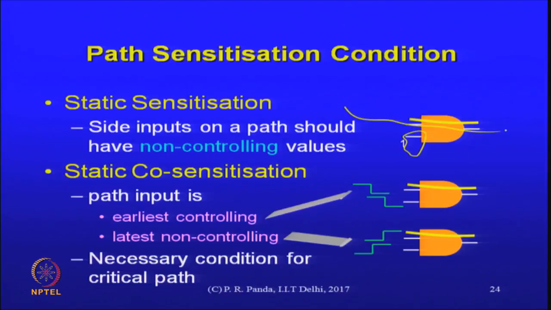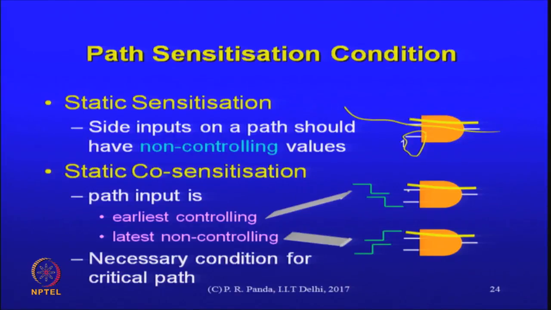With the co-sensitization, I need to go a little further as follows. That is the path of our interest, and I say that it is okay for that other input to also have controlling inputs, but under the following conditions.